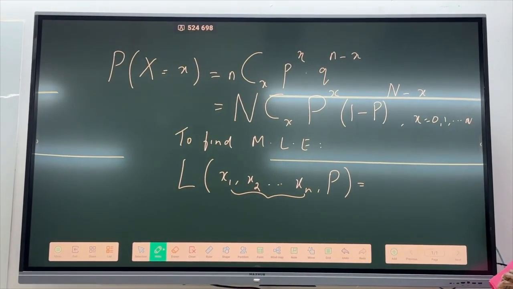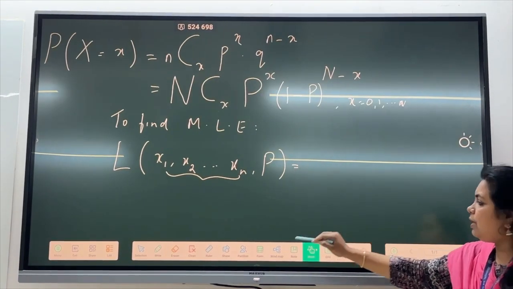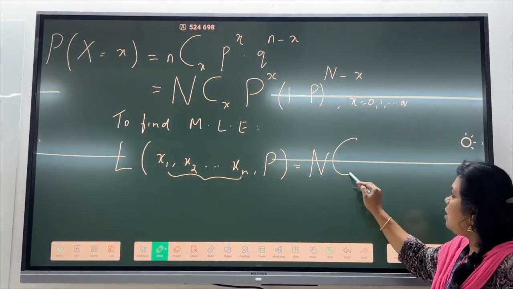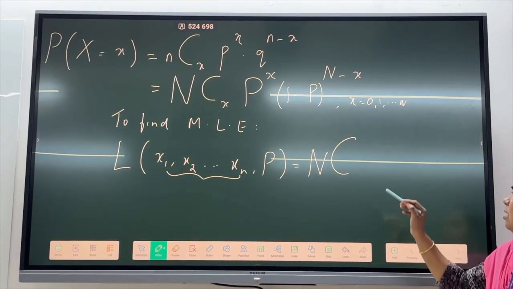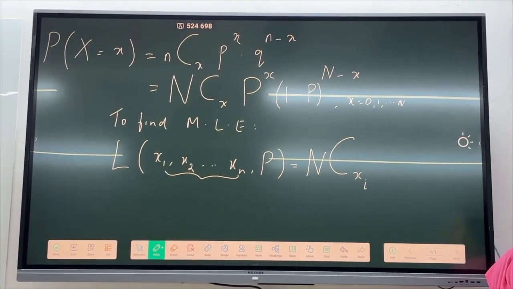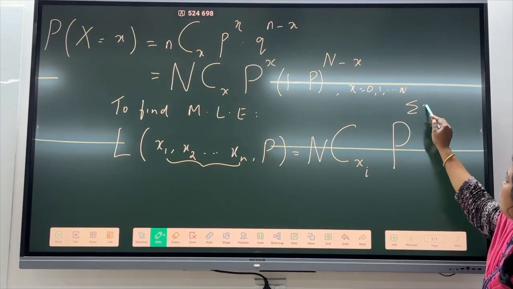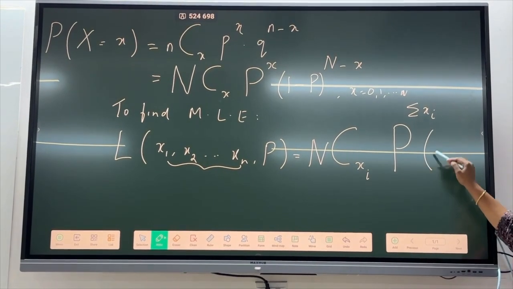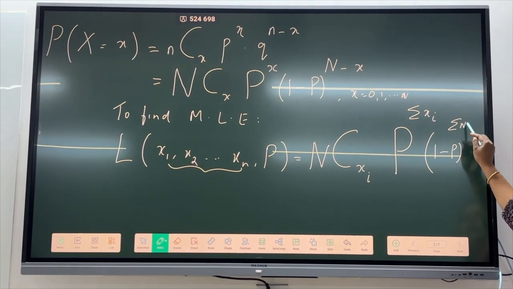So capital N C xi, where capital P goes to power summation xi, and 1 minus P goes to power summation N minus xi.